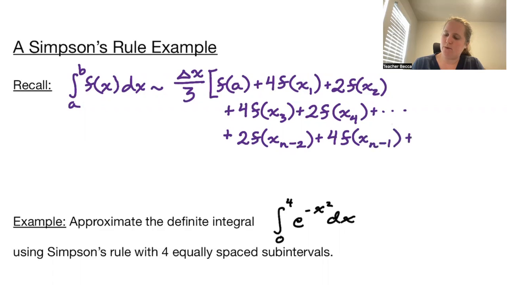And then we end with plus f of b and close our brackets. So that delta x over 3 is multiplying that entire thing.